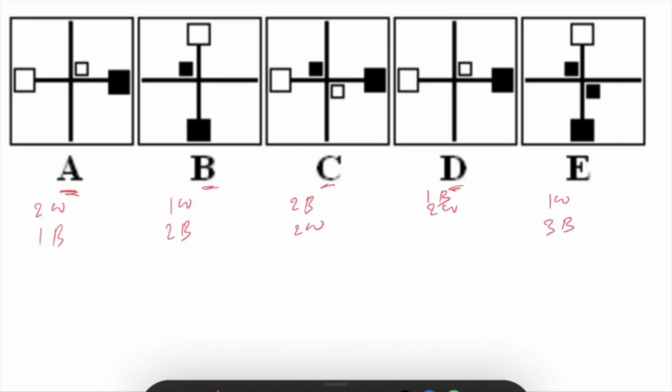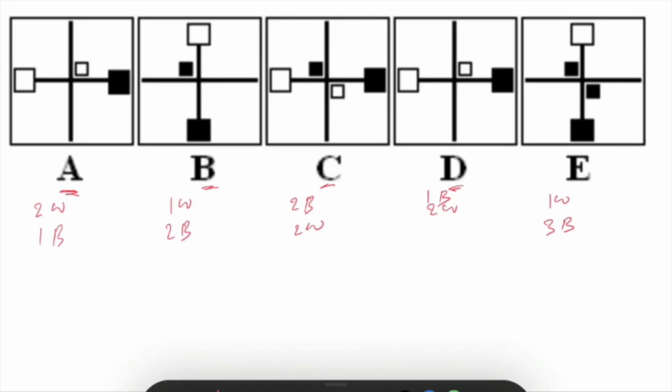Okay, if we use this information that we observed here across all patterns, can this information help us find the odd one?